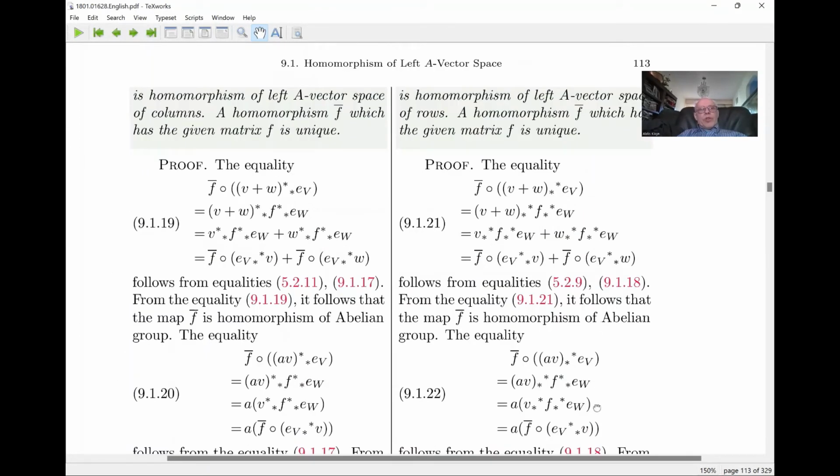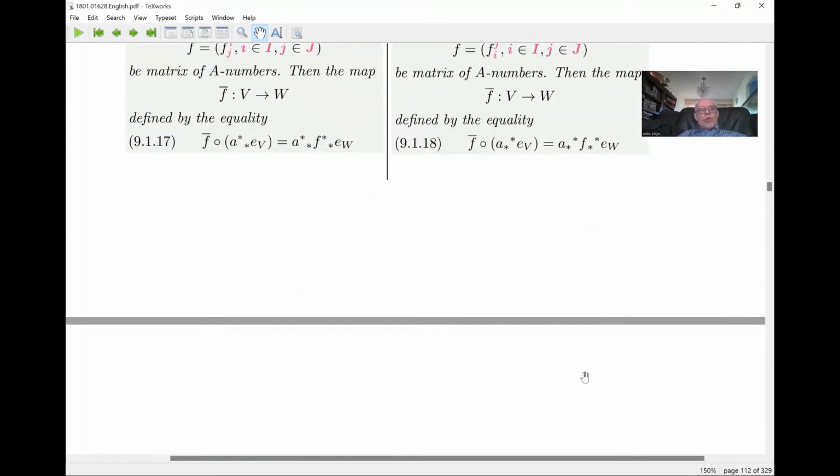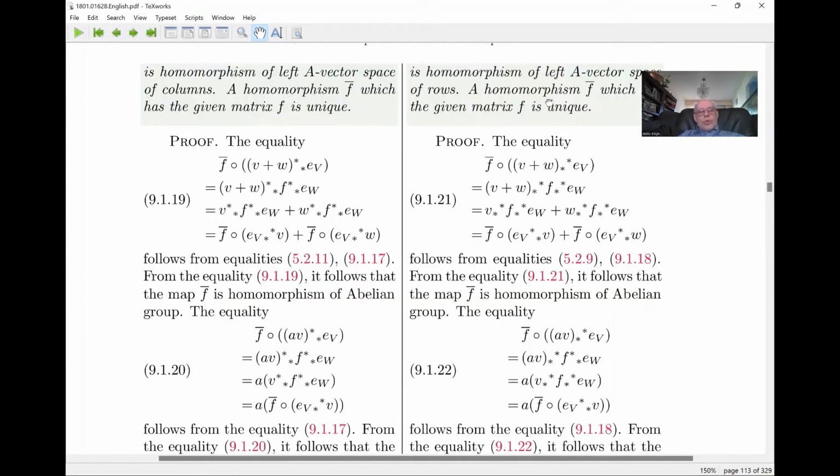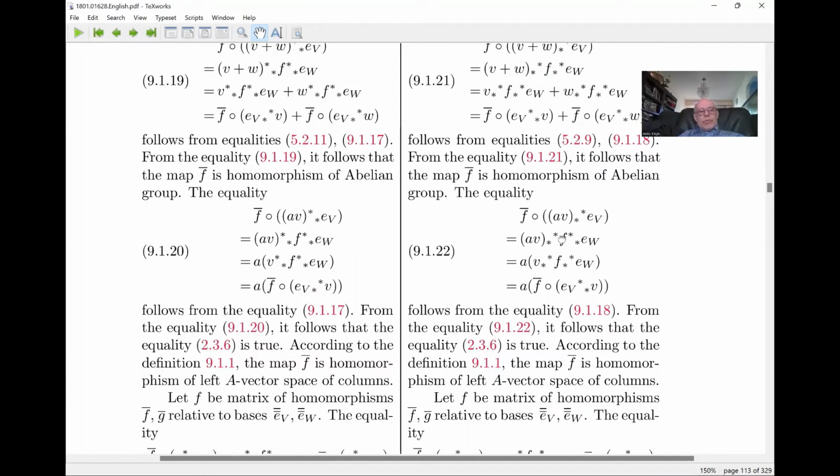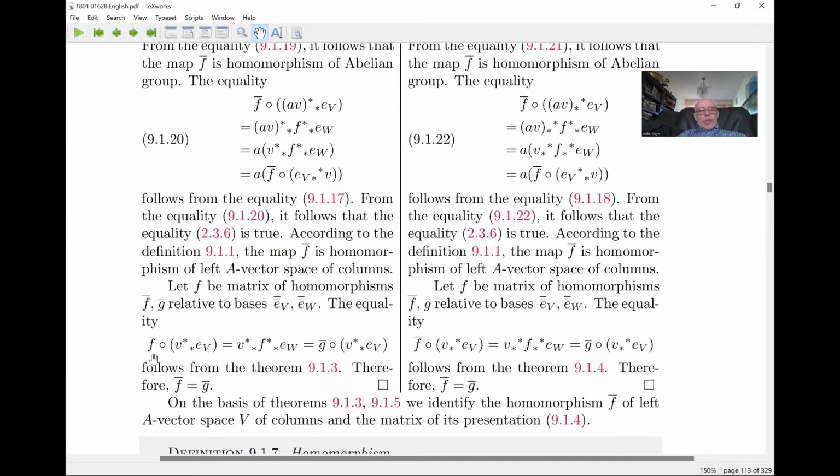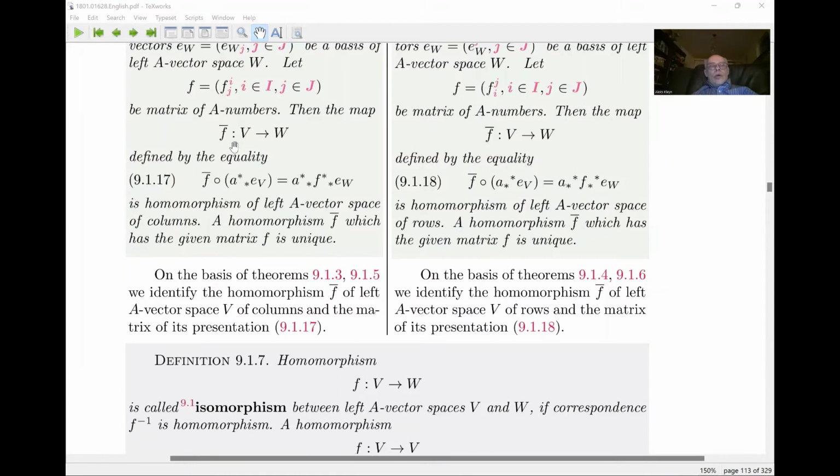From the definition of homomorphism, it follows that homomorphism F equals homomorphism G. On the basis of considered theorems, we identify the homomorphism F of left A vector space of columns and the matrix of representation 1.17.